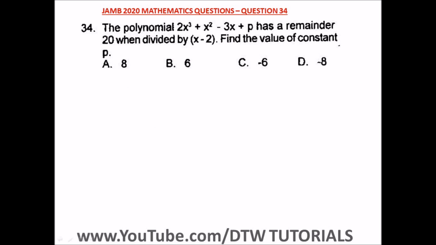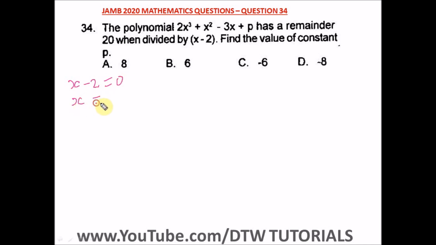Past question: the polynomial 2x cubed plus x squared minus 3x plus p has a remainder of 20 when divided by x minus 2. Let's find the value of the constant p. Judging from this, let's equate the divisor, x minus 2, to 0.